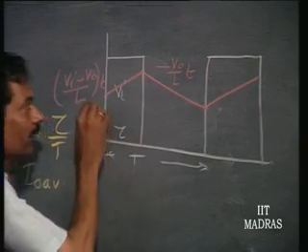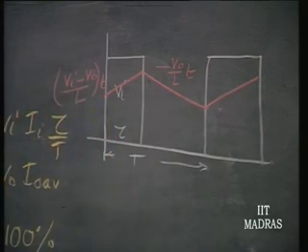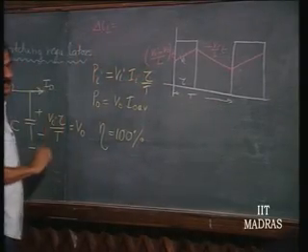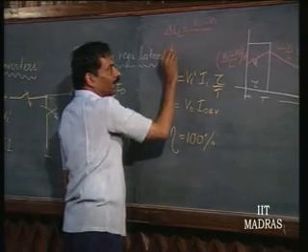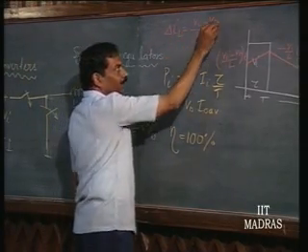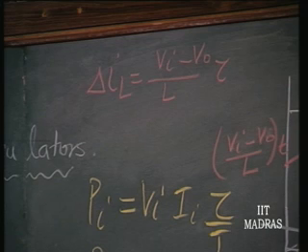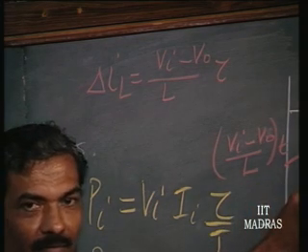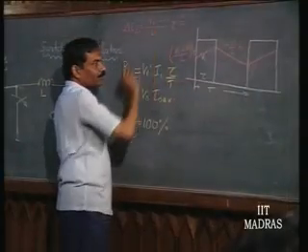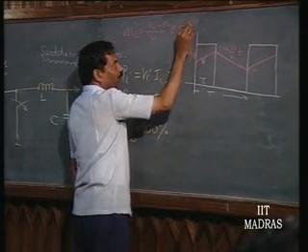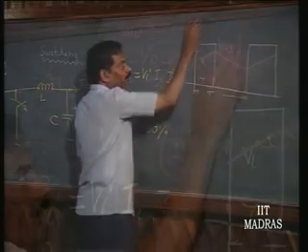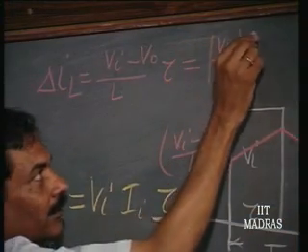So that means delta I L is going to be (Vi minus V naught) by L into tau, that is the increase within a time tau. So that is going to be equal to V naught by L into (T minus tau).